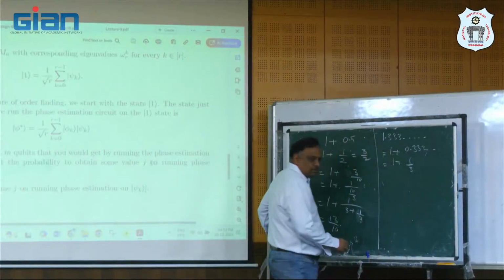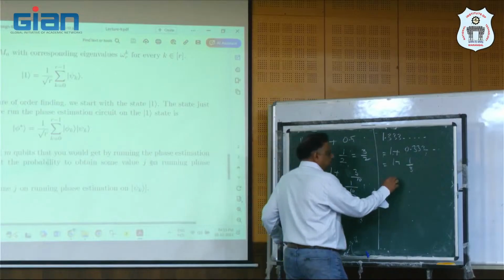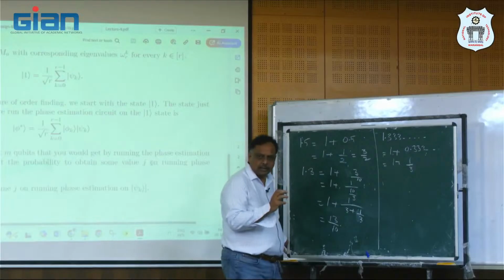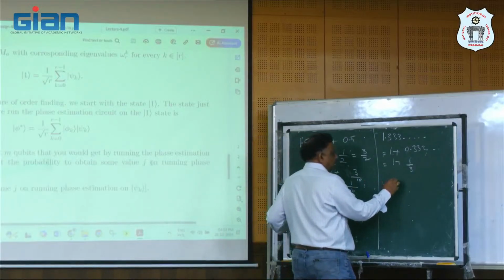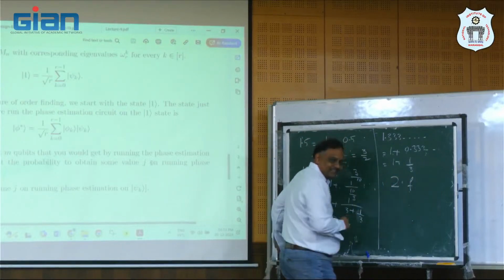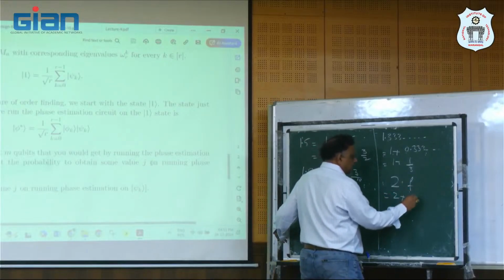When you have a number, it has an integer part and a fractional part, correct? So there is an integer part, let us say 2 point some fraction f. So we will write it as 2 plus 0 point f.